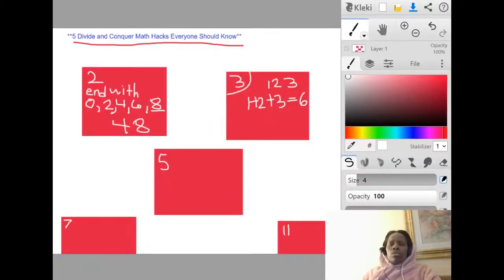Now look at the multiples of 5. When you skip count by 5, you get numbers like 5, 10, 15, 20, 25, and 30. They always end in 0 or 5. So if a number ends in 0 or 5, guess what?